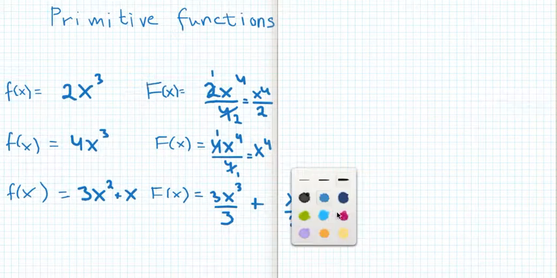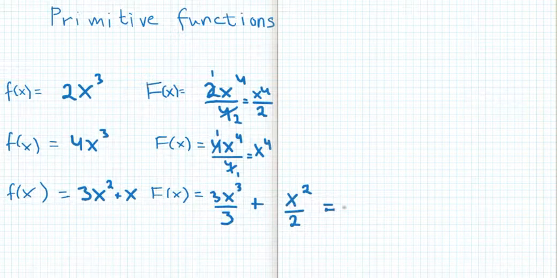Let's see. 3 and 3, I'm just going to cross out. It's going to be 1 and 1. So it's going to be x cubed plus x squared over 2.